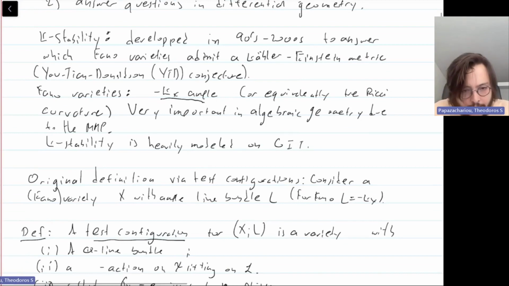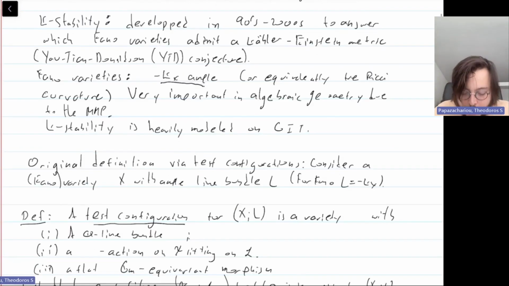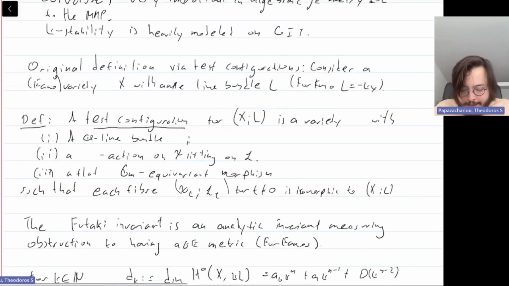So K-stability in itself, I mentioned GIT before. K-stability is really heavily modeled on GIT, and what it tries to do is bring GIT stability in terms of varieties. In order to be defined, you need these things called test configurations, which play precisely the role of one-parameter subgroups for varieties, in the sense that you want to study C-star degenerations of varieties. Test configurations are the objects that allow you to do so.